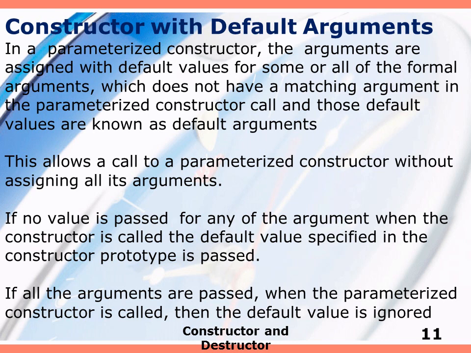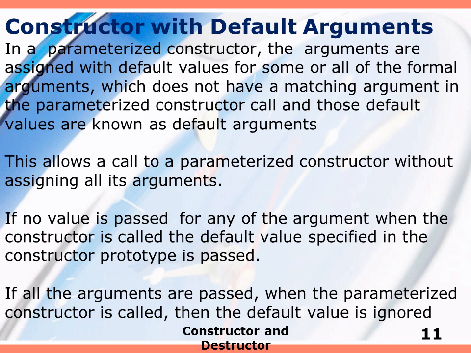So in a parameterized constructor, the arguments are assigned default values for some or all of the formal arguments which do not have any matching argument in the parameterized constructor call. So when that argument does not match, those default values which are supplied shall be taken and will be called default arguments. This allows a call to a parameterized constructor without assigning all its arguments.